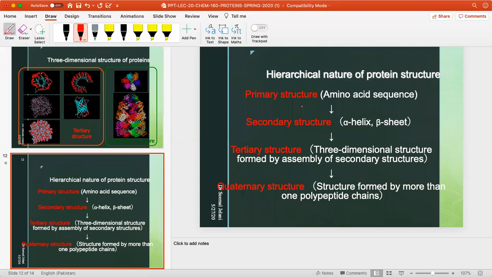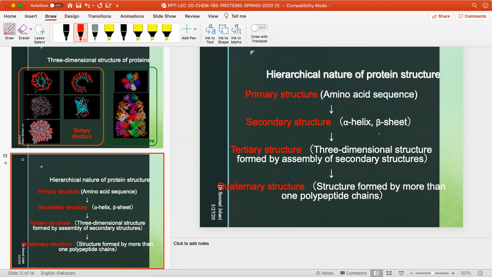In the primary structure, amino acids are sequenced, and in the secondary structure, alpha helix and beta sheets are made. These two structures are made. In tertiary structures, a three-dimensional structure is formed by the assembly of secondary structures.